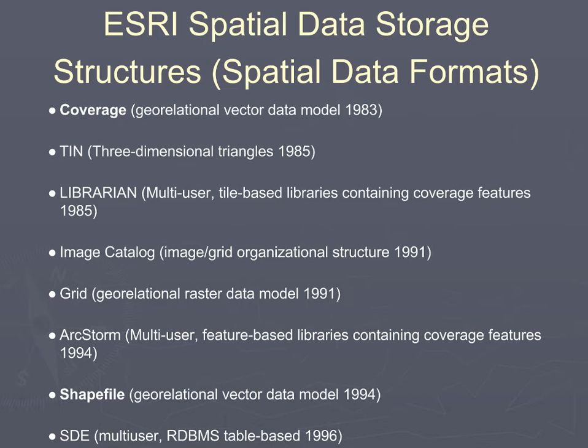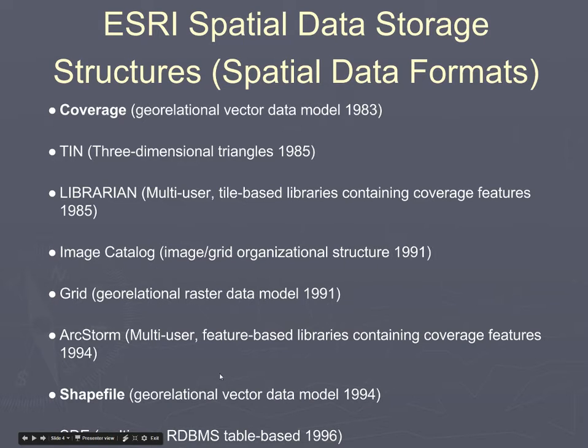You can see the coverage was around a long time ago in '83. They also had a triangulated irregular network model, the TIN model from '85. Their first stab at having multi-user editing was using tile-based libraries and something called Librarian. They had different raster data storage options, image catalogs, and grids.